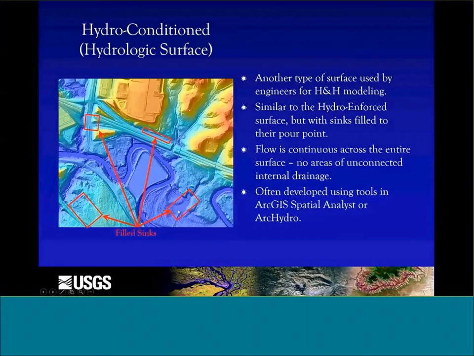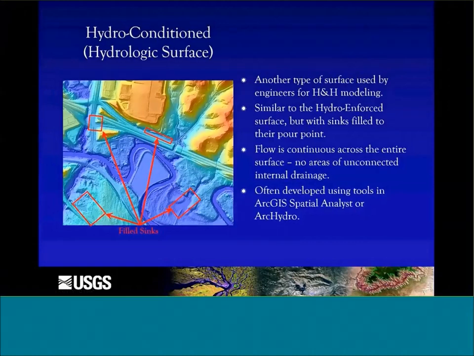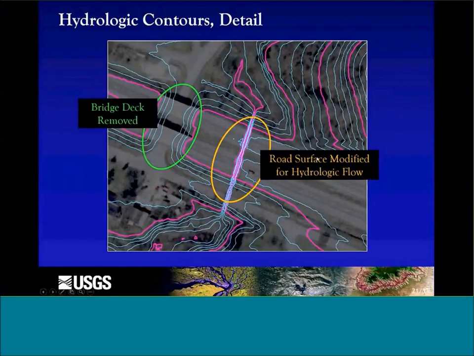Basically, the surface fills those up so that there is no internal unconnected drainage. There are some variations in different engineers working on different models and different types of projects. There are variations to these definitions, but these are fairly typical across the industry. Did that answer the question? I believe it did. Thanks, Carl.